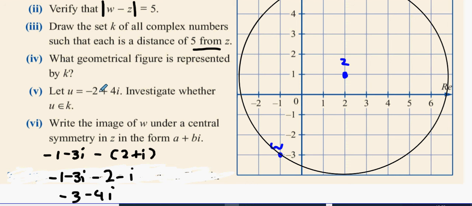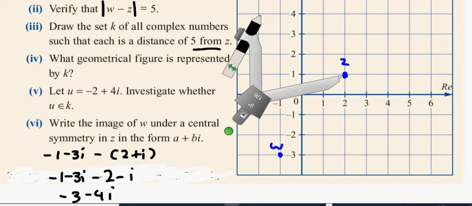Let u equal minus 2 plus 4i. So where's minus 2 plus 4i? Just there, isn't it? And what they're asking is, is u on k? Is your u on it, or is my diagram slightly off? Alright.